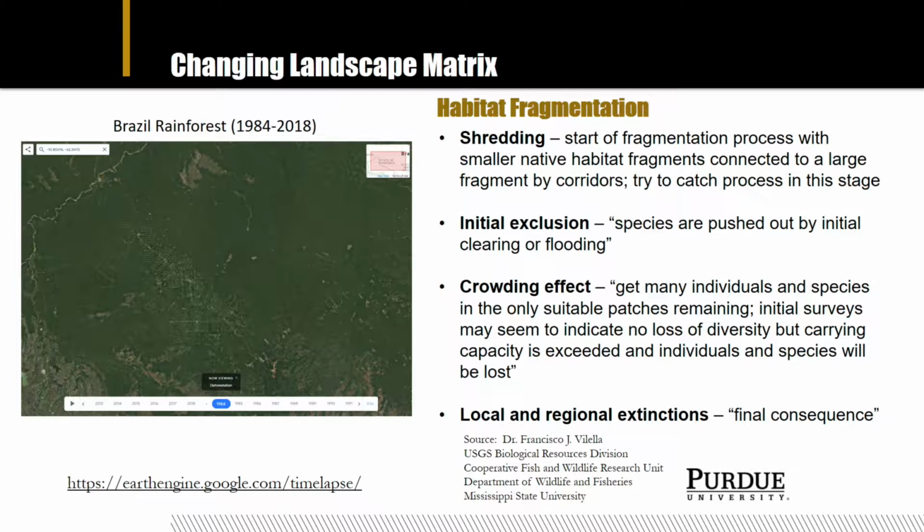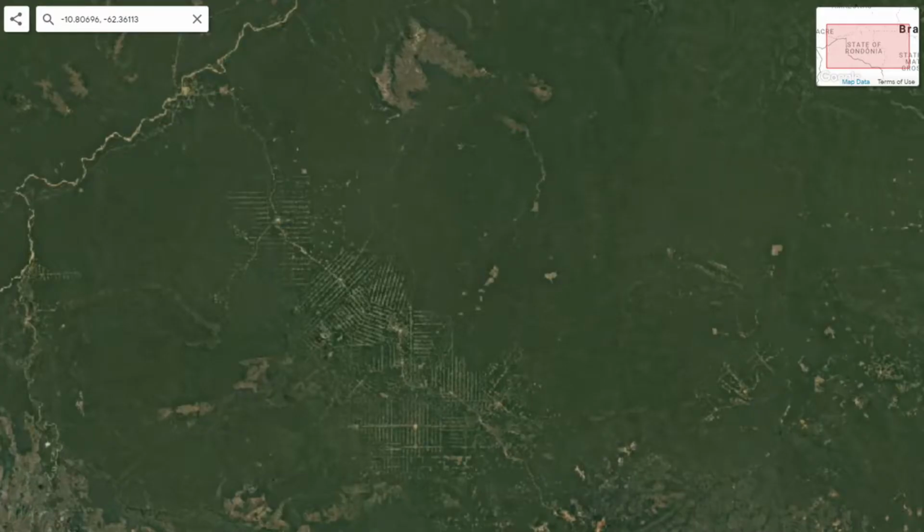But one thing I'd like to share with you here is that Google's developed this tool, and there's a link here for you to follow, that allows us to actually go look at this in real time, or at least in a series of time progression, so landscape change over time. This happens to be in the state of Rondônia in Brazil.